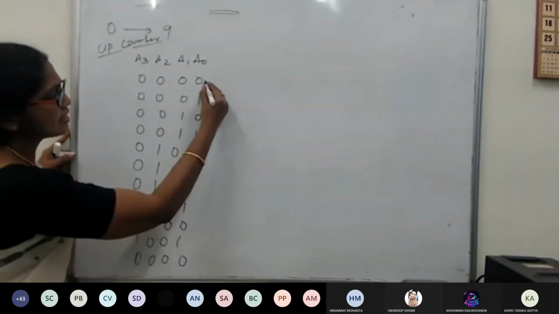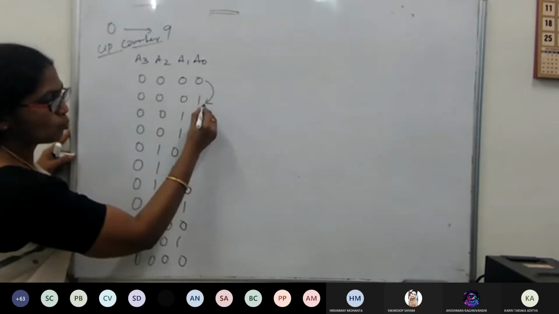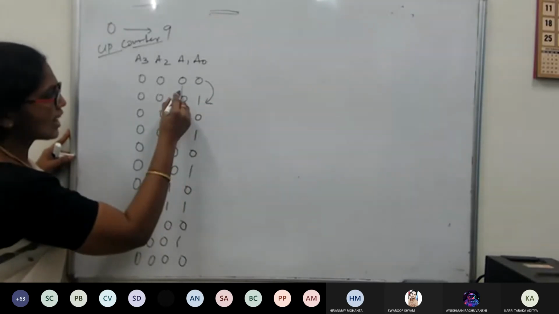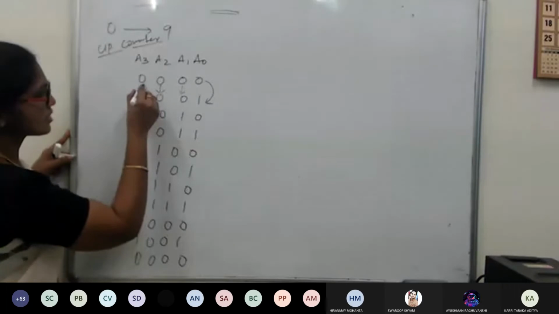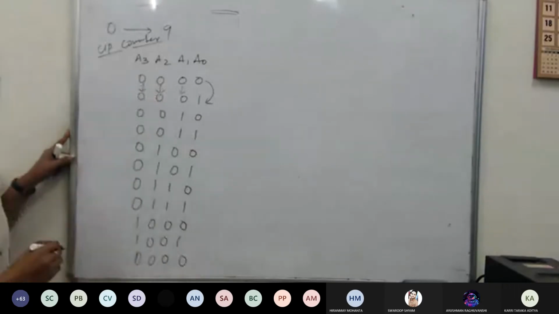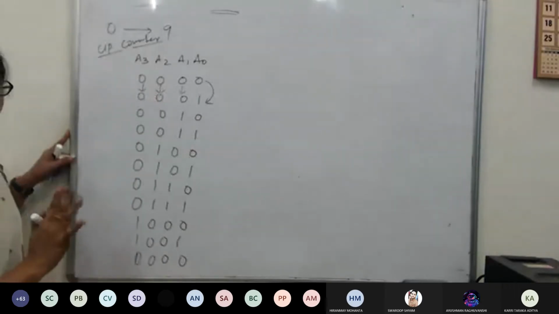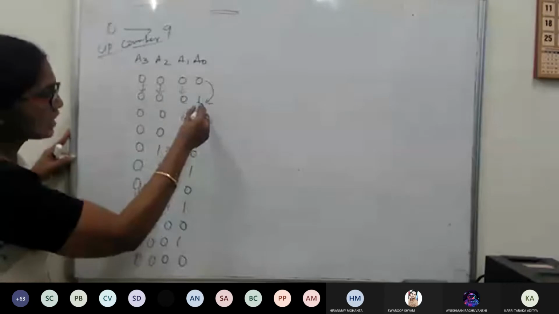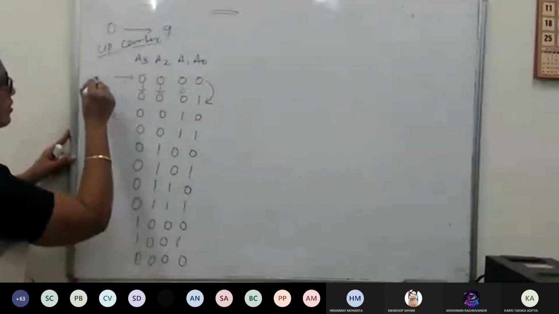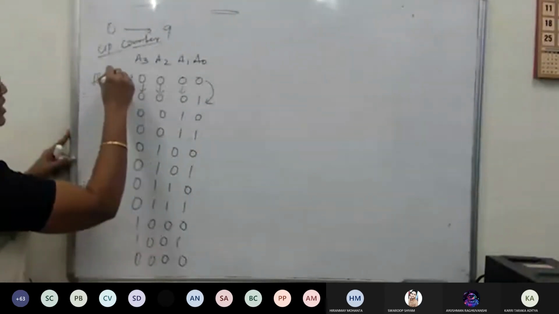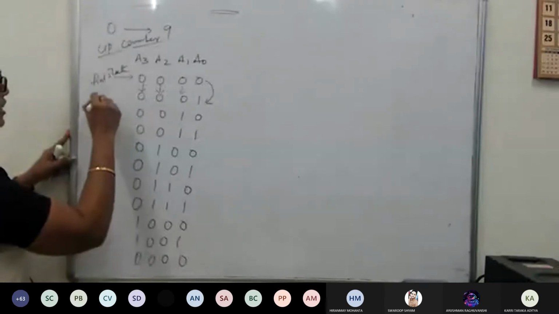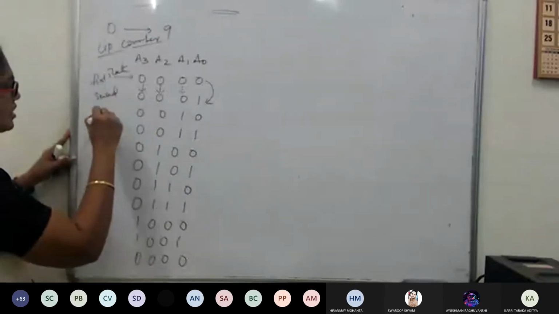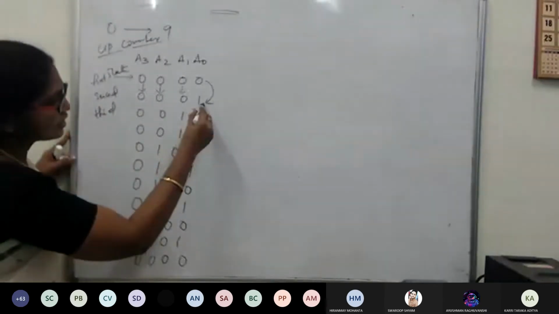Now just see here, in the last bit it changed from 0 to 1. This bit as it is, this bit as it is, this bit as it is. This is only an observation. Check here: this is the first state, this is the second state, this is the third state.